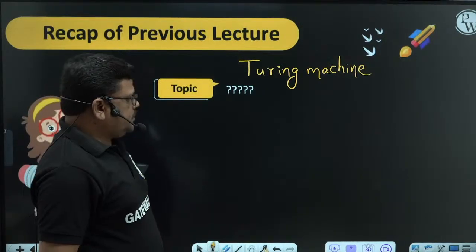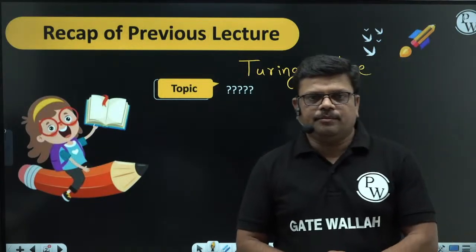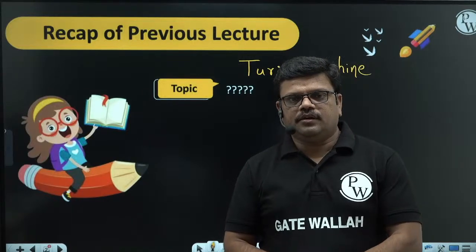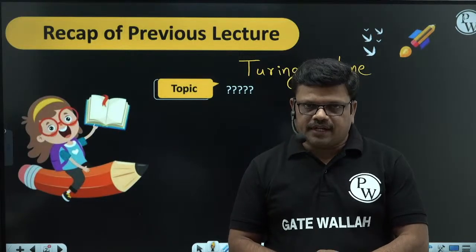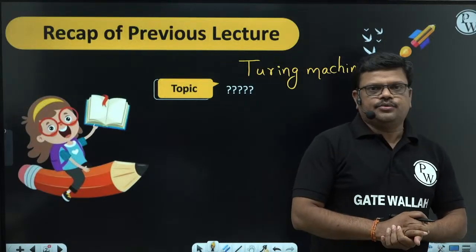So what is a Turing machine? Turing machine is nothing but a mathematical model for a computer. In order to study the capability of a computer, what a computer can do and what it cannot do, the concept of Turing machine was introduced by Alan Turing.